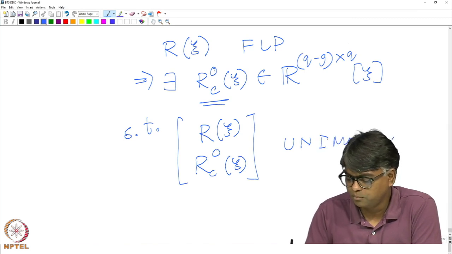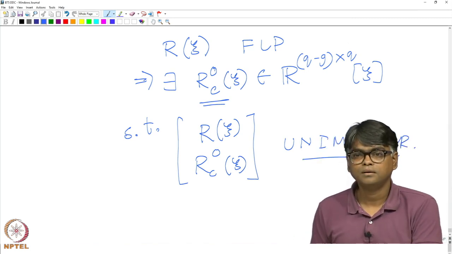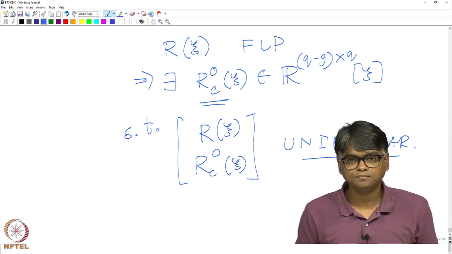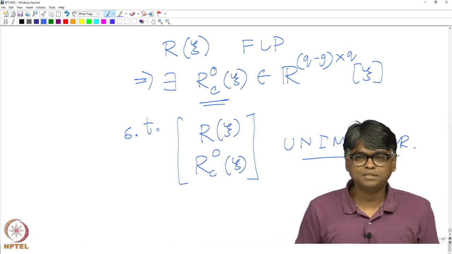What is the determinant of a unimodular matrix? It is a non-zero constant. Now, here comes the trick.